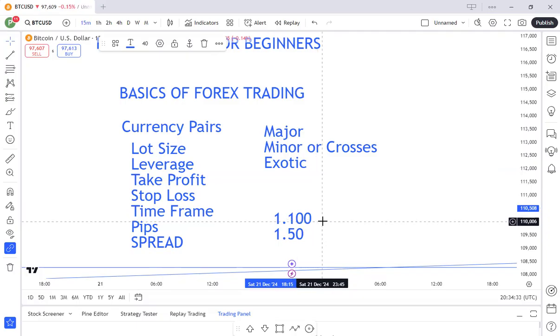So they will give you a lot size such that you cannot lose your money at once. When you place entries, they will tell you that you have insufficient funds because you have reduced your leverage and reduced the way you risk. So leverage is just reducing the way you risk.